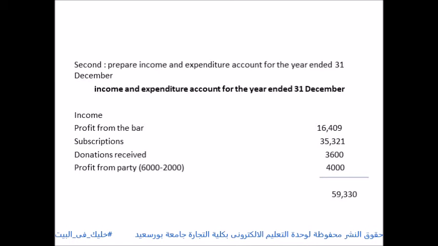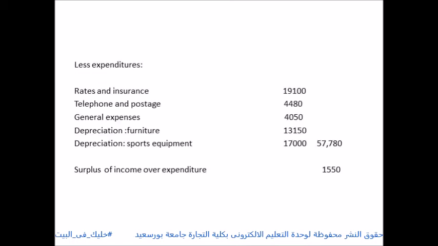Then we will subtract the expenditures, and the expenditures will be as follows. Rates and insurance 19,100, telephone and postage 4,480, general expenses 4,050, depreciation of furniture 13,150, depreciation of sports equipment 17,000.